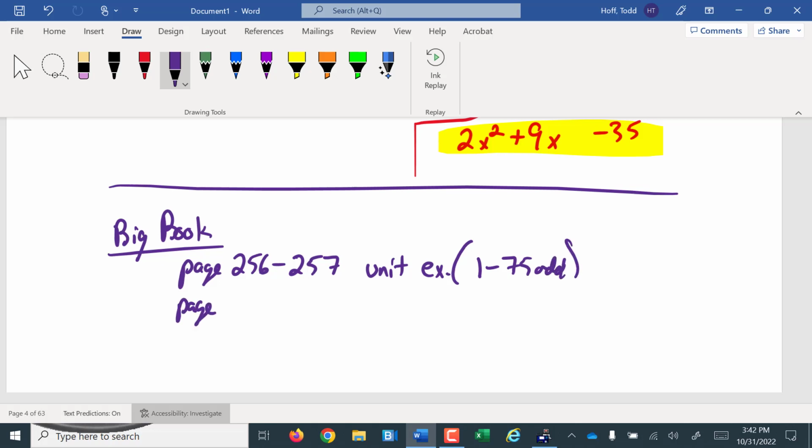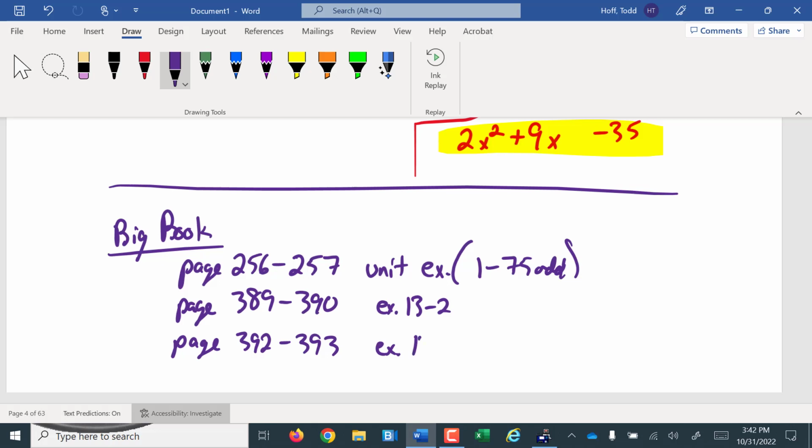And then, of course, page 389 through 390. This is exercise 13-2. And page 392 through 393. Exercise 13-3, and again, do just the odds.